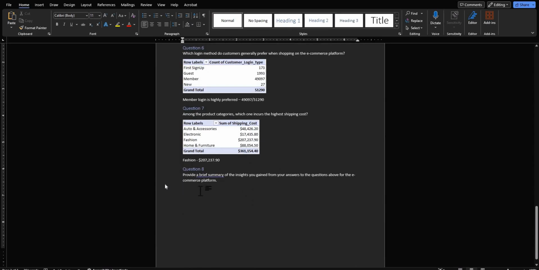So if I were to give a brief summary of my insights, I would say, since customers have little difference in purchasing patterns for products arriving between 2 and 8 days, we could save some money in shipping costs on our highest sales category, fashion, by offering cheaper, slower shipping.